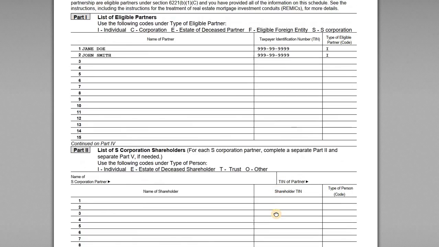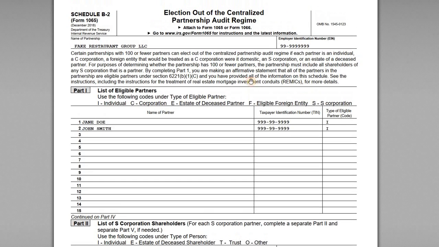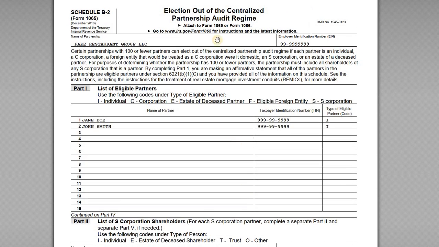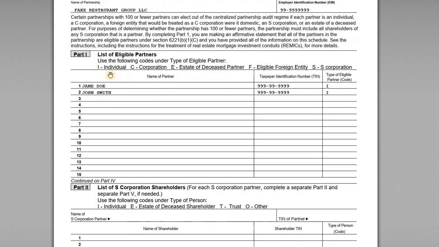Now B2, this is the schedule that needs to be filed if you are electing out of the centralized partnership audit regime. In order to do that, you have to have all eligible partners. Notice here, the eligible partners have to be individuals, C Corps, estates, certain foreign entities, S Corps.